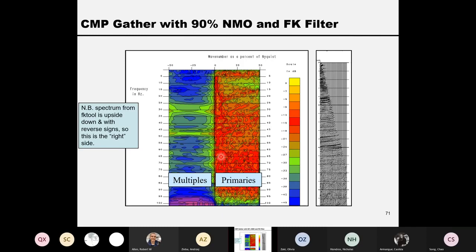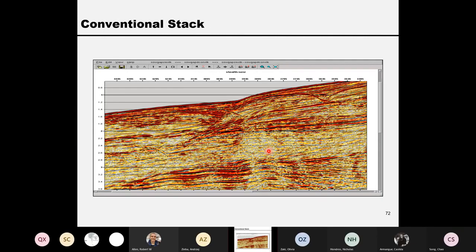Now let's see how this demultiple works on the final result. That's a stack section, the real field data stack section. That's the water bottom here. Top here is not time 0, okay?